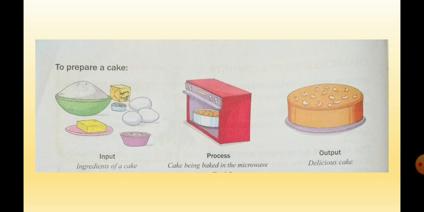So the processing, the baking will happen with the help of a microwave. Then once it is done we will get the output, that is a delicious cake, and then we can have it. So input, something that we put in; process, where processing happens; and because of that processing, what we get as the result is the output.